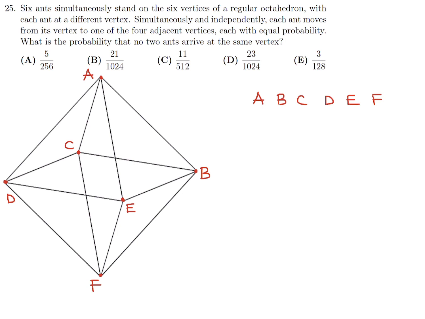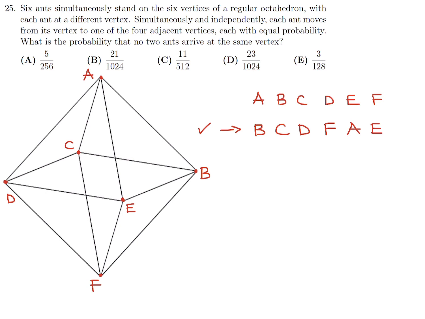So for example, A could go to, let's say, B, B could go to C, C could go to D, D could go to F, E could go to A, and F could go to what's left over, which I believe is E. See, this is a scenario that works. I hope I did that properly.